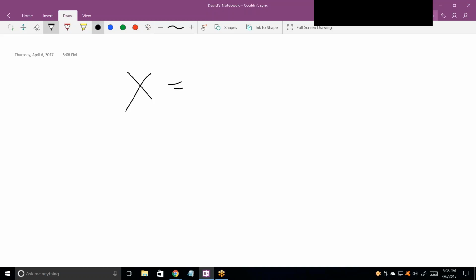Well, first of all, it varies directly with z, so z's got to go in the numerator. It varies inversely with y, so y's got to go in the denominator, and I'm missing a k. Where's the k go? In the front. Well, that's in the numerator. In other words, k is always in the numerator.